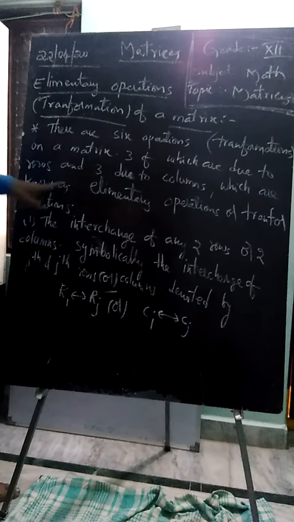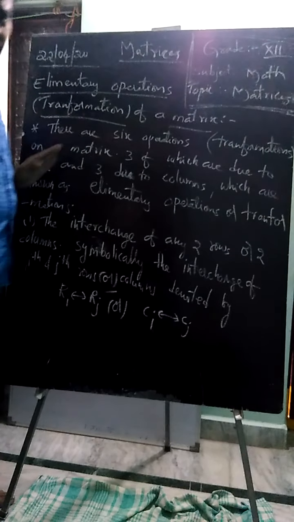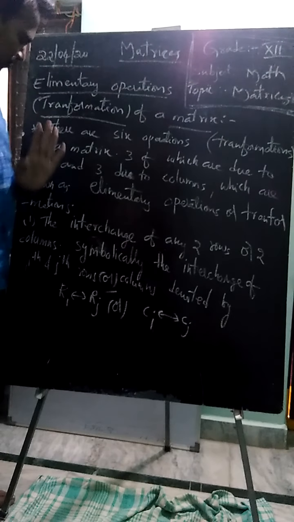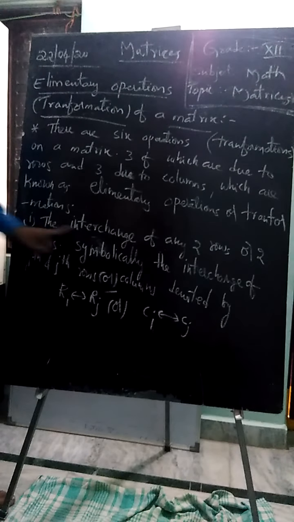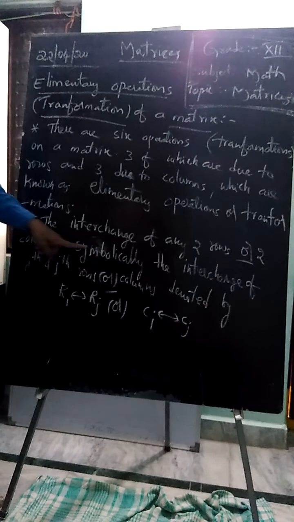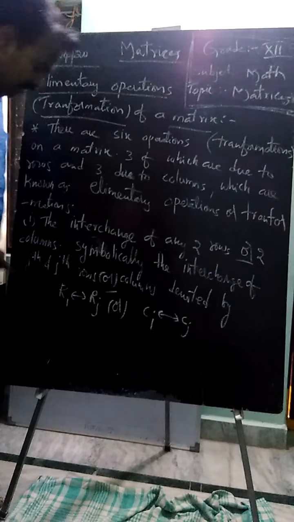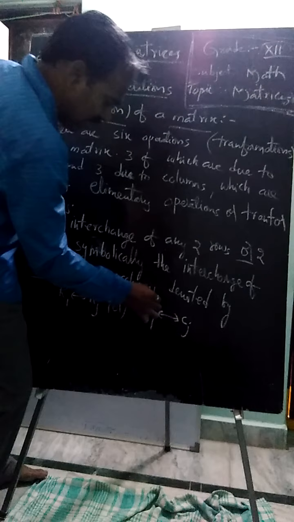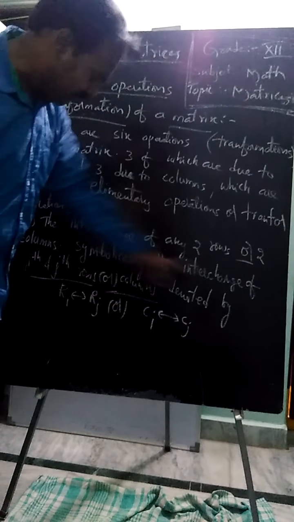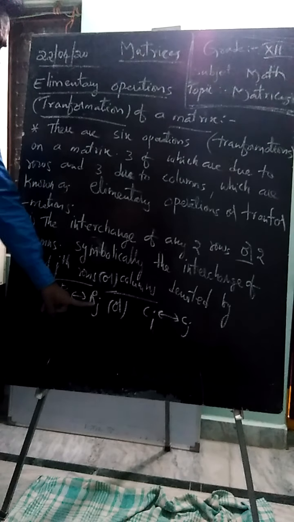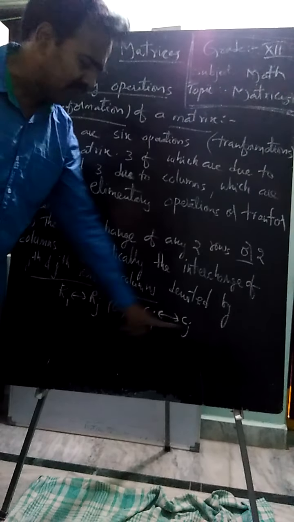There are 6 transformation operations on a matrix, 3 due to rows and 3 due to columns, known as elementary operations or transformations. The first operation is the interchange of any 2 rows or 2 columns. Symbolically, the interchange of ith and jth rows, or ith and jth columns, is denoted by Ri to Rj, or Ci to Cj.